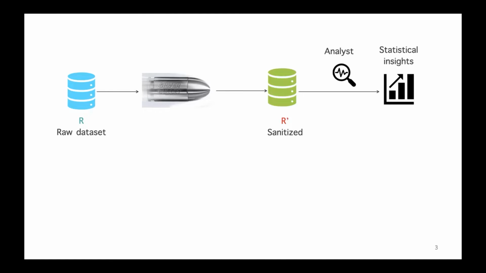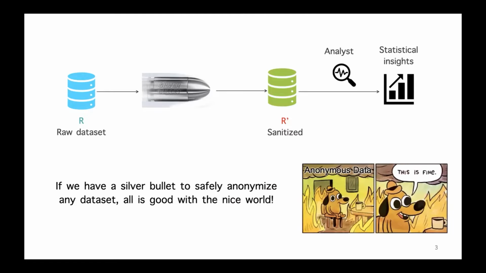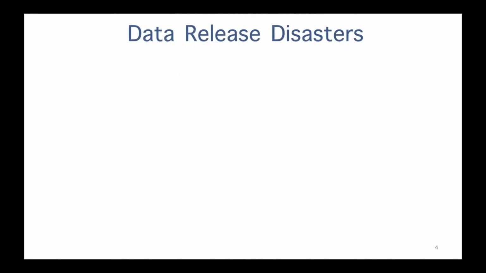But in computer science and statistics, people have tried to come as close as possible to this idea, starting even with anonymization techniques, de-identification techniques, which have a number of drawbacks.